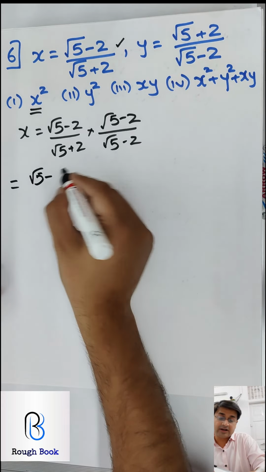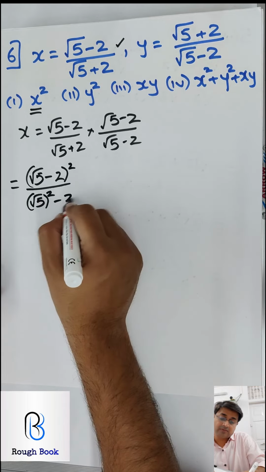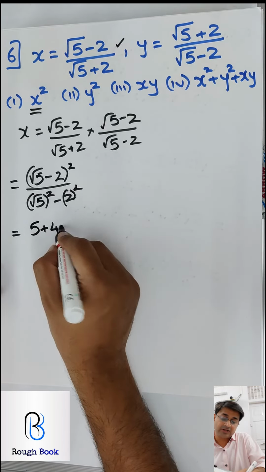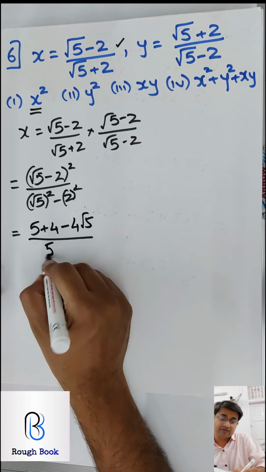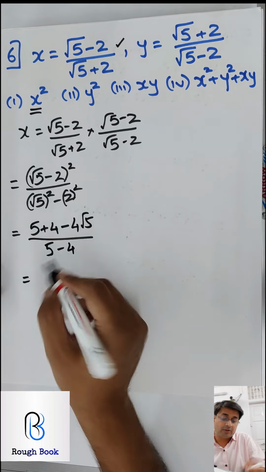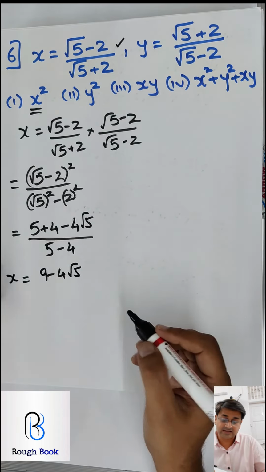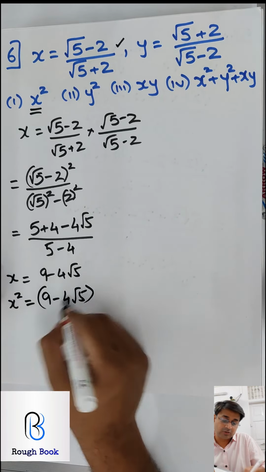So root 5 minus 2 the whole square upon root 5 square minus 2 square, a square minus b square. So a minus b the whole square, a square plus b square minus 4 root 5 and here it will be 5 minus 4. So denominator sorted, 9 minus 4 root 5 is the value of x. Now what will your x square be then? So it's going to be the square of this.